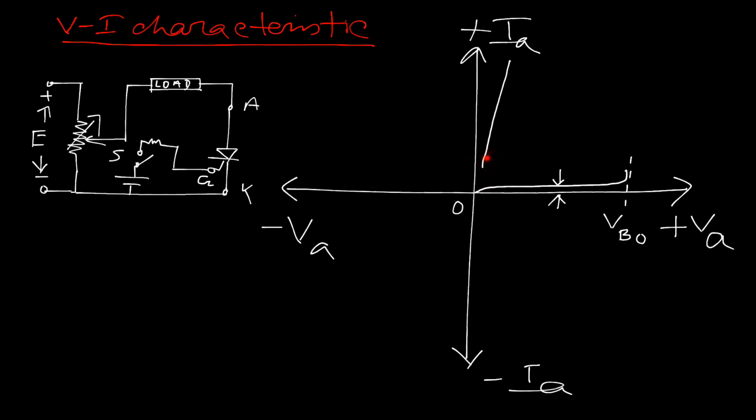As there is no barrier of junction J2, the current increases rapidly with a small increment of biasing voltage. This slope is defined by this one. This happens in the forward conduction mode, and this is called the forward voltage drop due to the presence of 4 layers and 3 junctions.